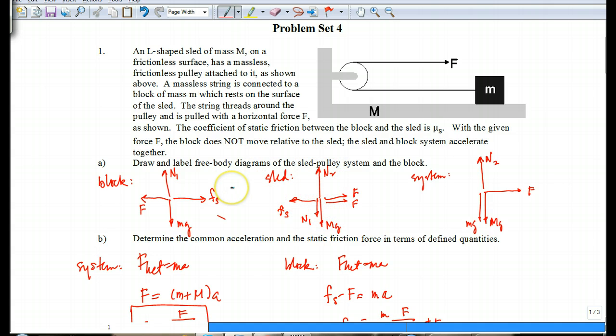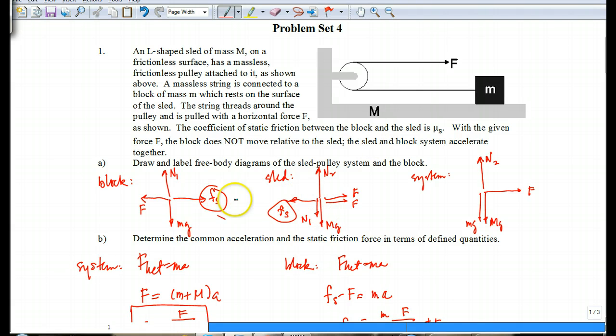But because there is a friction force exerted by the sled on the block, there must be a force exerted by the block on the sled, equal and opposite. These are action-reaction pairs. And so that's the free body diagram of the sled.